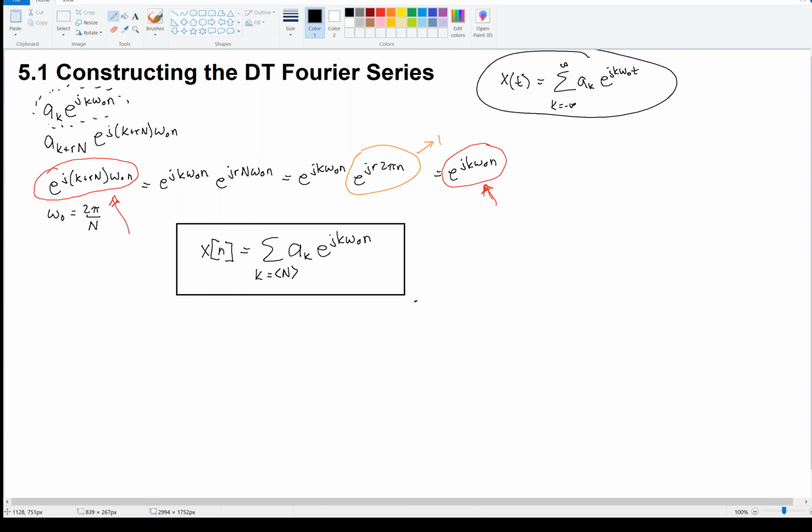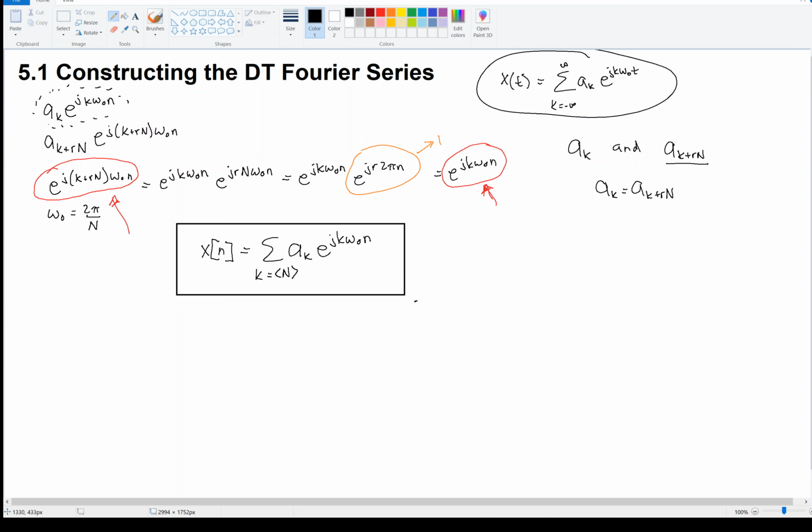Now, observe what that means then. Let's look at the Fourier series coefficients. If a_k is the coefficient in front of e to the jk omega 0 n, and a_(k+rN) is the Fourier series coefficient in front of this harmonic k plus rN, and if that's the same ingredient, then it must be true that those two things are the same, right?